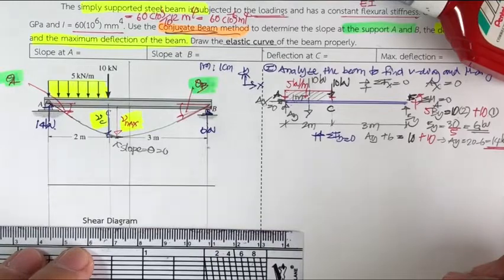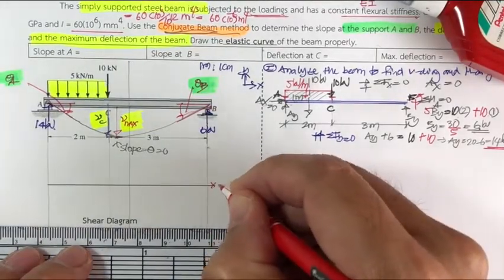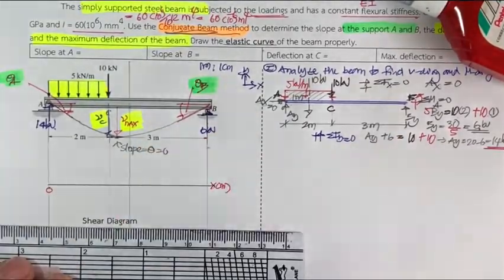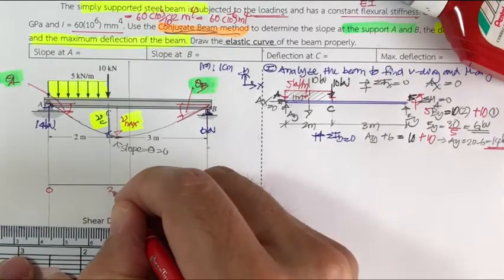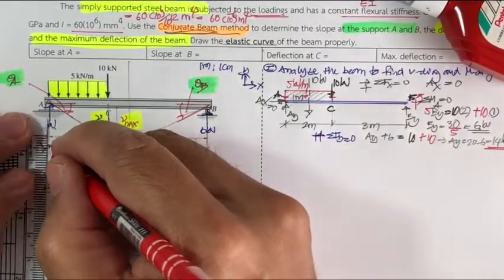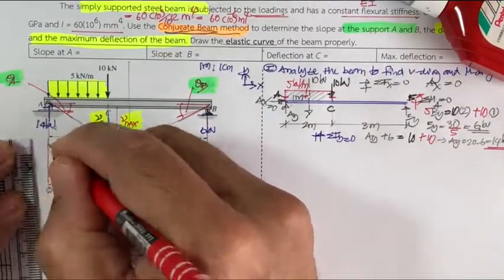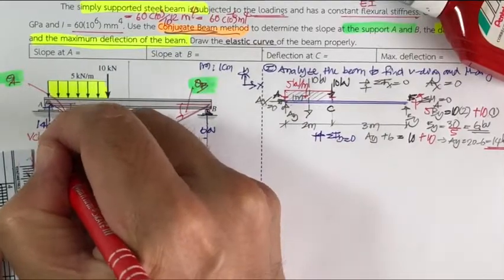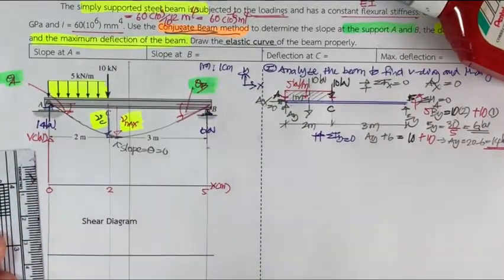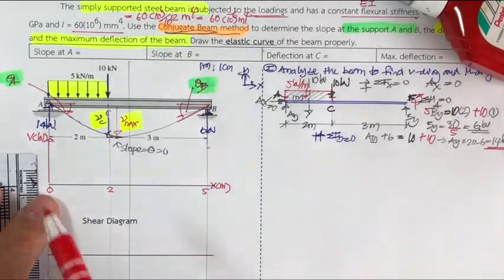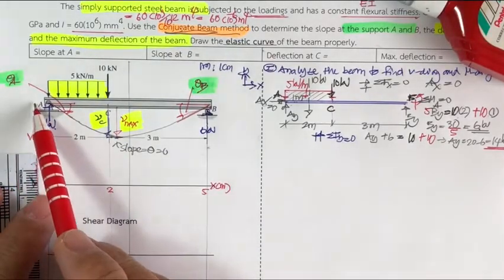And let's see, for the shear diagram is here. We got to set this one x in meters. This is 0, this is 2, this is 5. And along here is going to be V in kilonewton. Okay. And then to draw the shear diagram, we move from the left to the right.